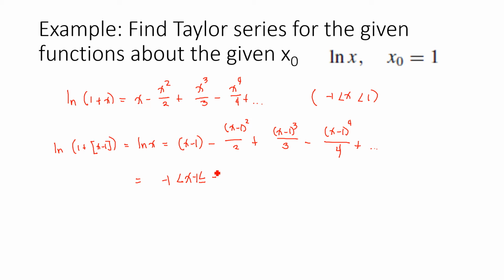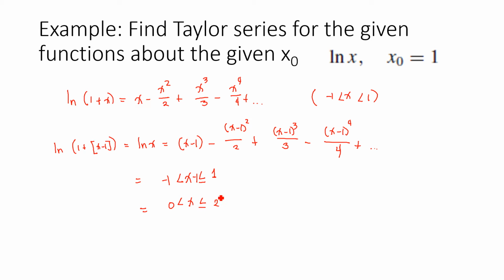Okay, so 1. Which is actually the same with x, because you have -1. So you have x is less than 0 but greater than, x is greater than 0 but less than or equal to 2.